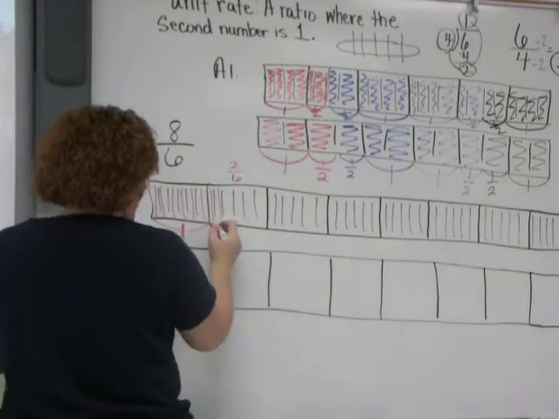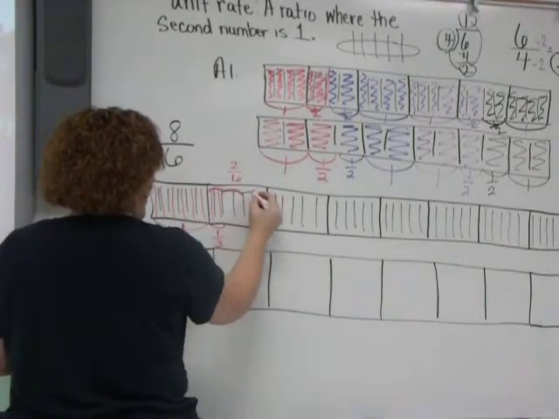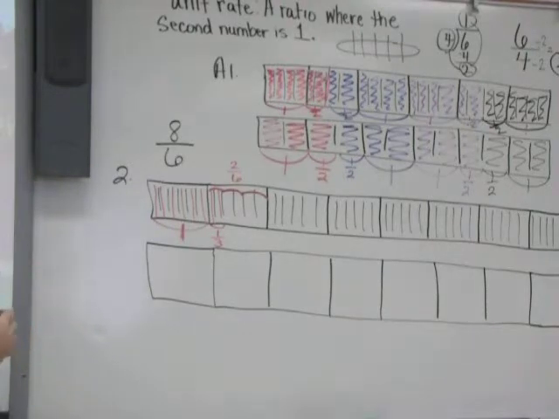1/3. So these 2 would be 1/3, these 2 would be 1/3, and these 2 would be the third. So they get 1 and 1/3 pieces. 1 whole piece and 2 of the next 6.